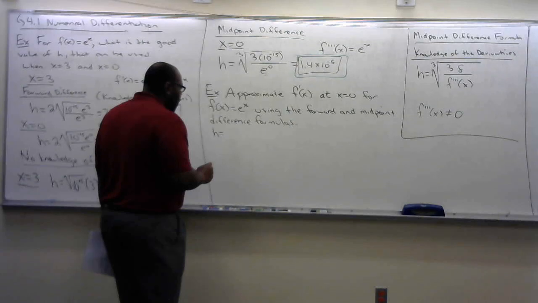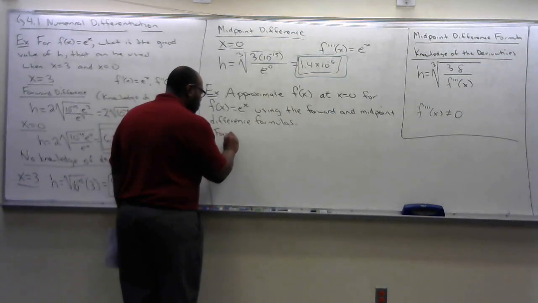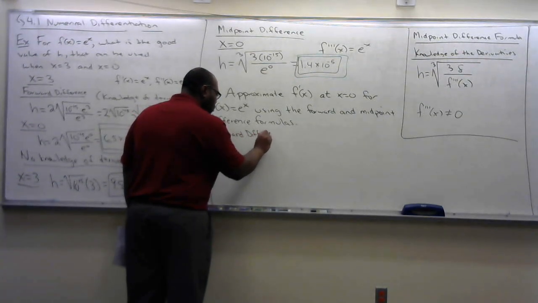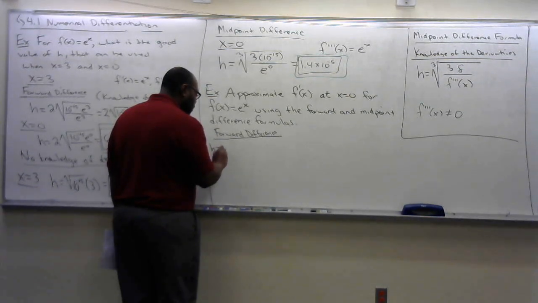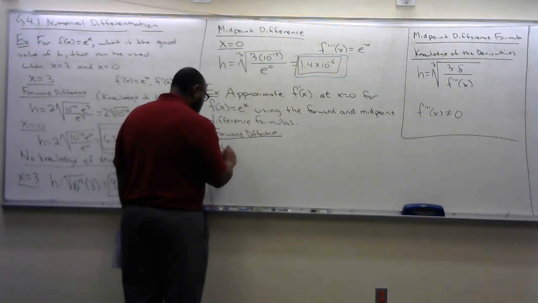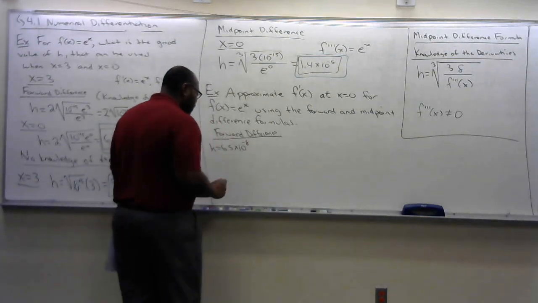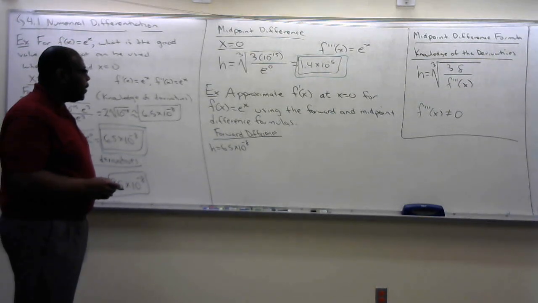So for the forward difference formula, I'm going to use h is equal to 6.5 times 10 to the negative 8, or 6.3, doesn't matter. Okay, I use 6.5.